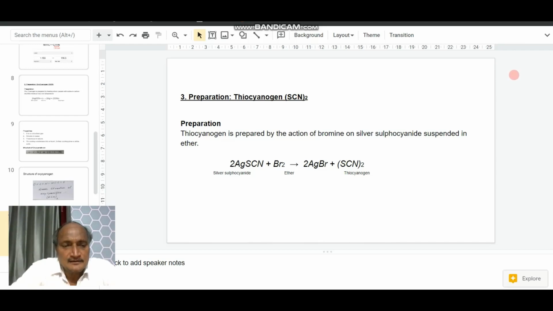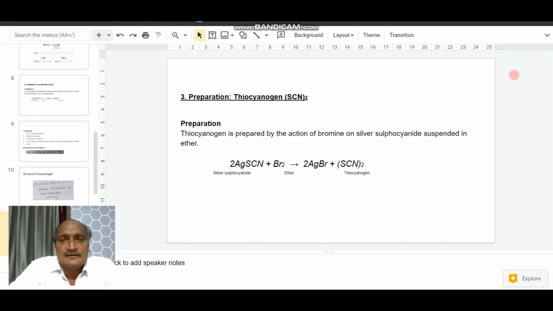Coming to the third type of pseudohalogen, that is Thiocyanogen, (SCN)2. Coming to the preparation of Thiocyanogen.